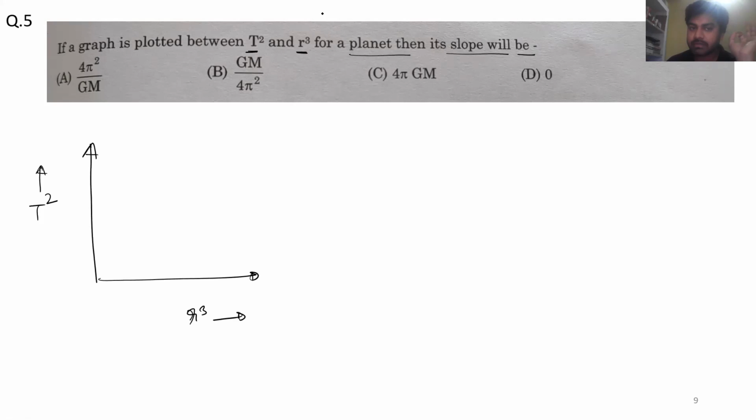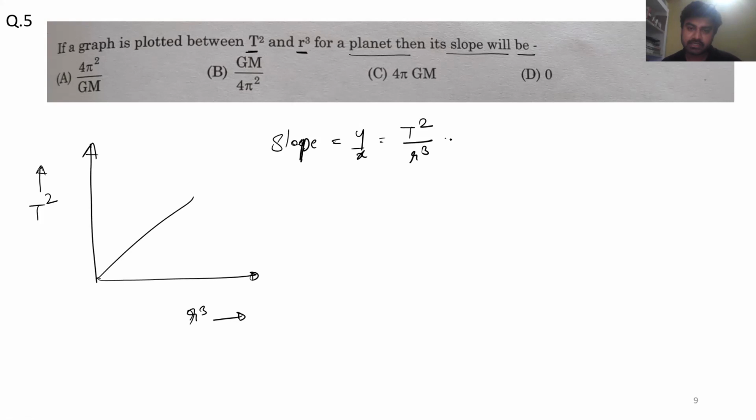So if a graph is plotted between these two, let's say this is the graph. I don't know the slope, you have to find it. Normally slope is y by x. Now y is t square, x is r cube. So you just have to find t square by r cube.